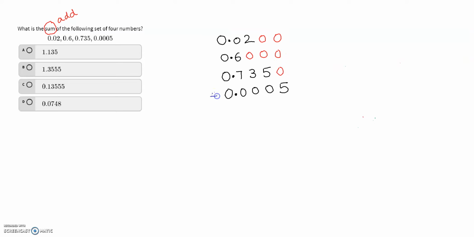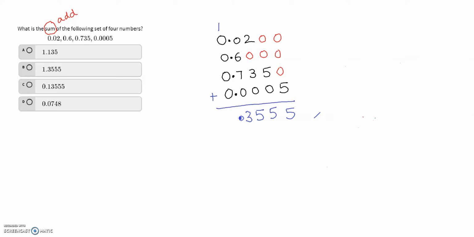Now I will add this. I will again start from the right side. So I have 5 here. If I add the second last column, it will give me 5 again. And 2 plus 0 plus 3 plus 0 is 5. And when I add 6 and 7 it will give me 13. So 3 goes here, 1 goes on the top.